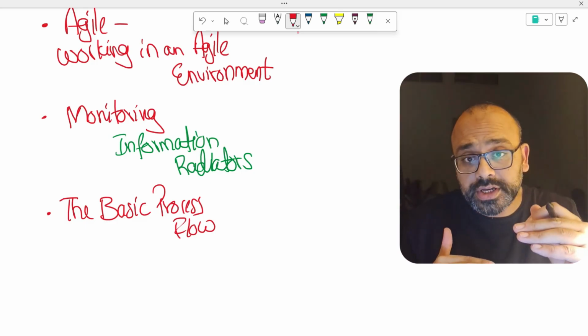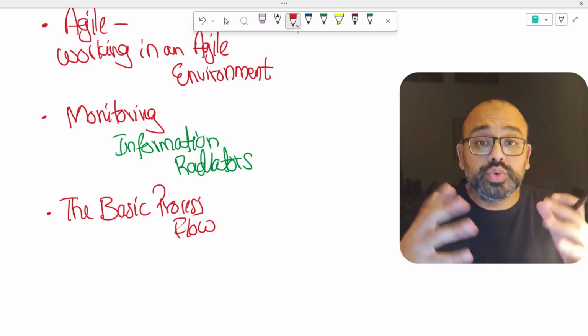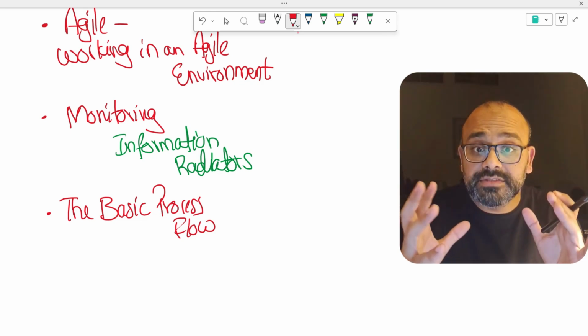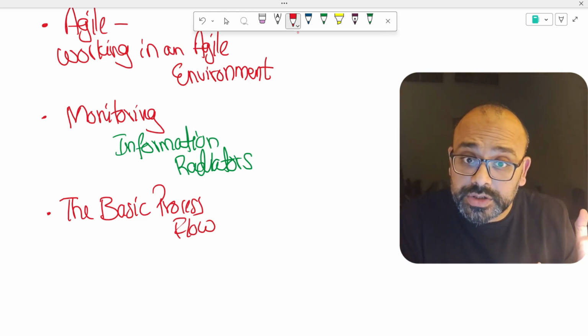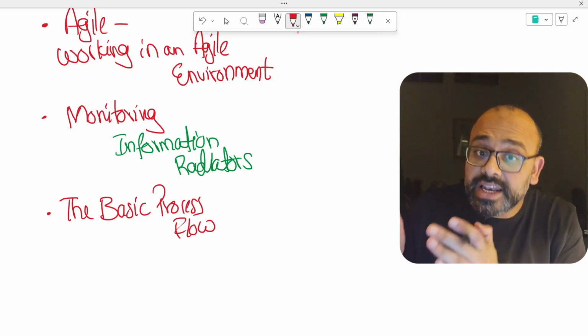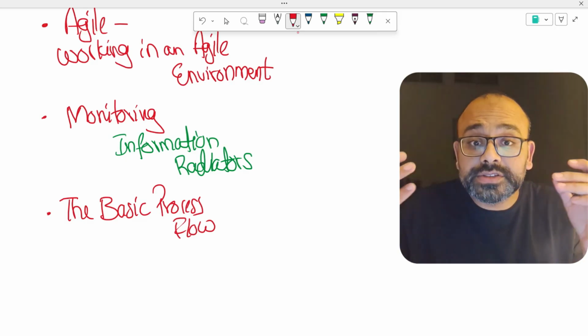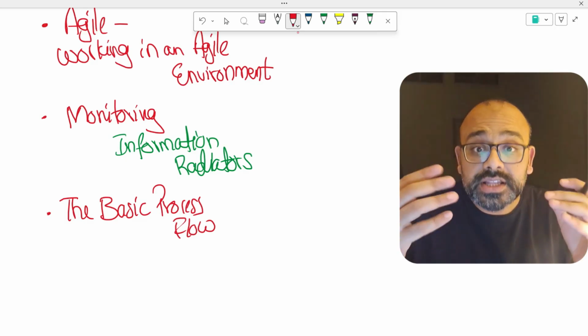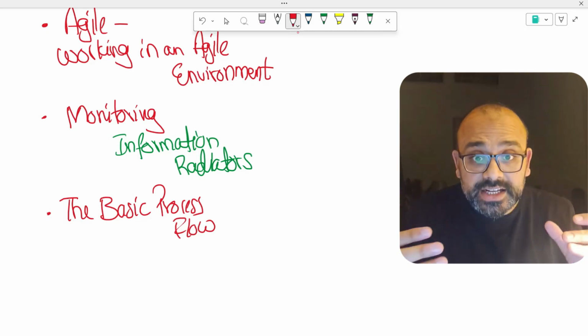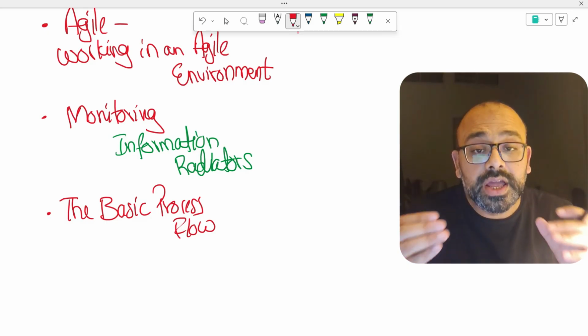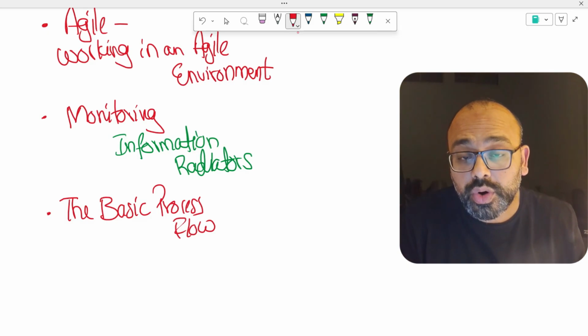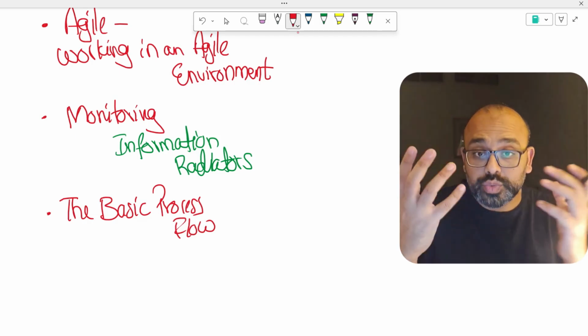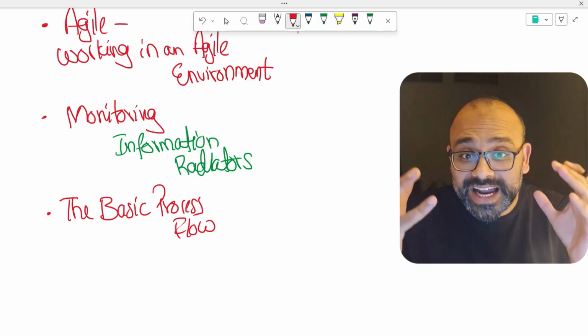You monitor it, and then you create the deliverables. The deliverables go into the verification process, then they go into the validation process. After passing through the validation process, they will get validated, accepted by the customer, and you go into the closure of the project where whatever you have created is handed over.